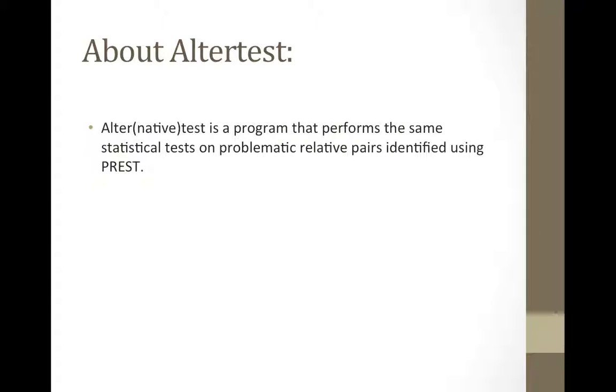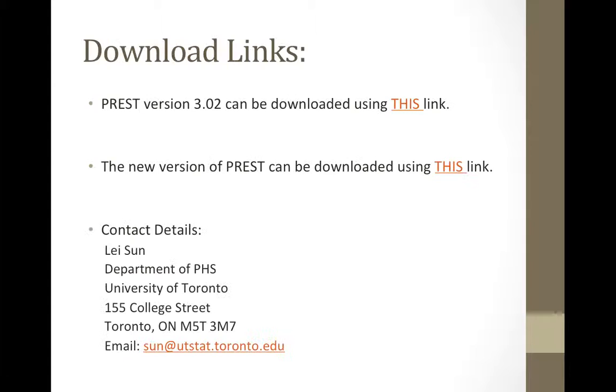UltraTest is another tool which uses the MLR test and verifies the output given by the PREST tool. So it just uses another statistical analysis method to verify that the pair of blood samples given as output by PREST, which are not compatible with each other, are actually not compatible.